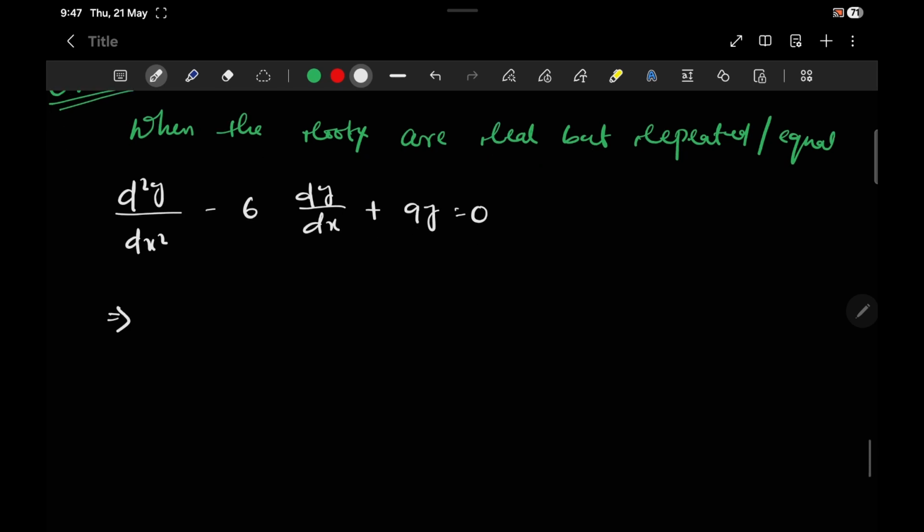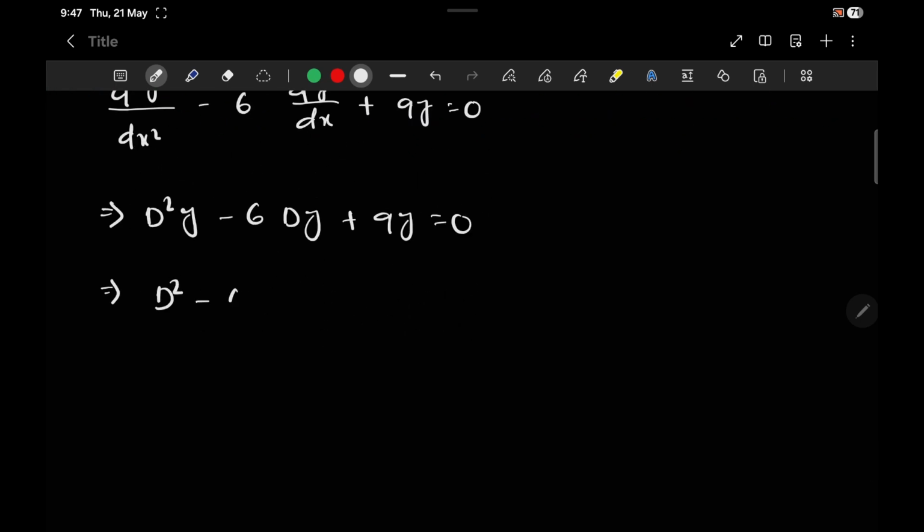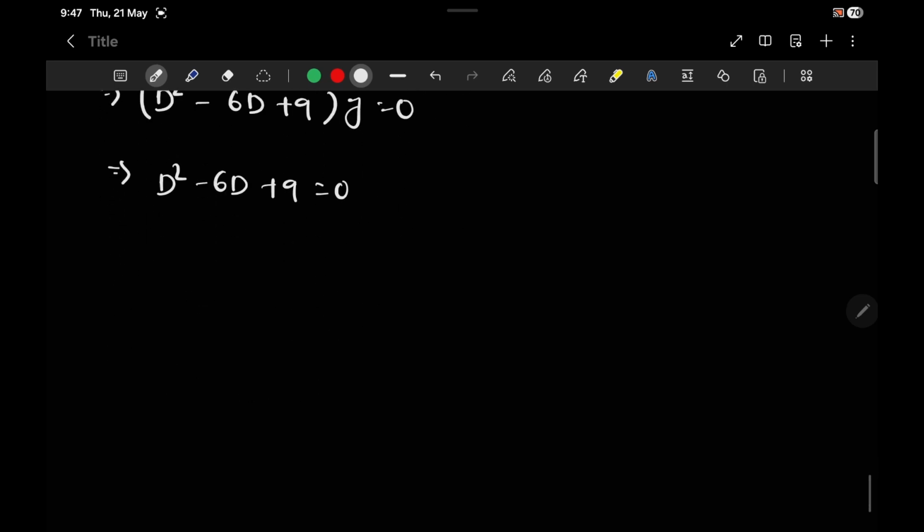As I have said before, this will become d²y - 6dy + 9y = 0. That implies (d² - 6d + 9) y = 0. That implies d² - 6d + 9 = 0. In the auxiliary equation form, it will become m² - 6m + 9 = 0.